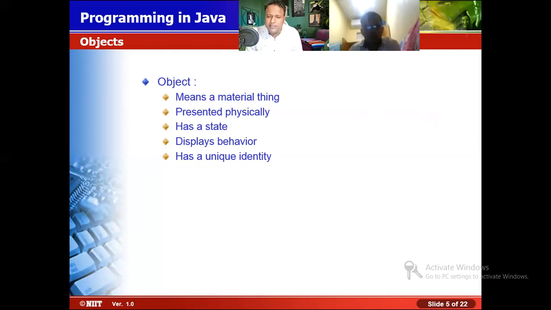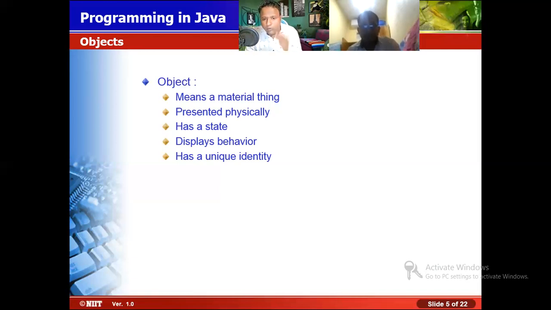Every object has a state. Your mobile phone has different states, like silent mode, vibration mode, ringing mode, flight mode. These are the states of the object.